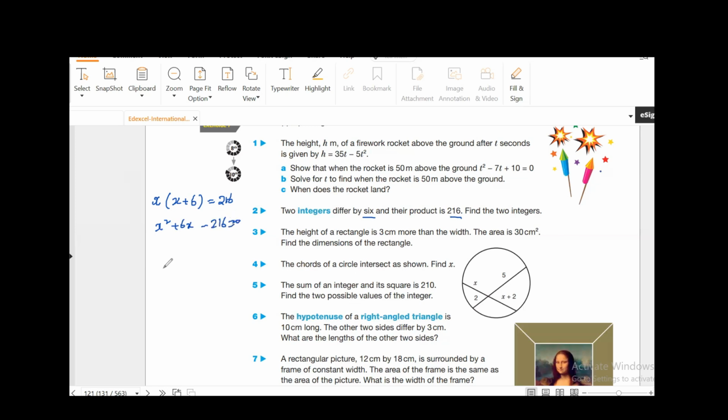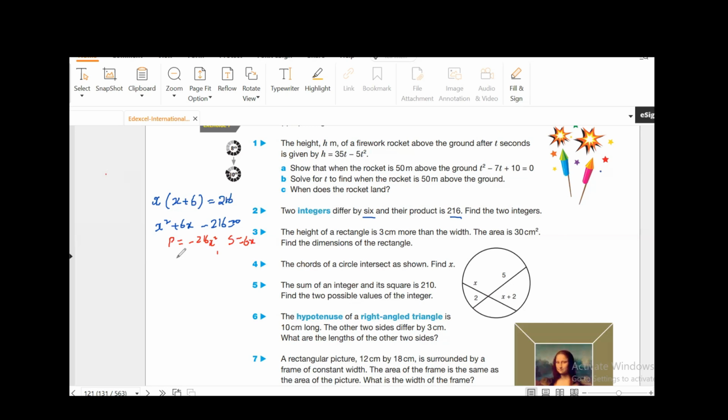Now we will think about sum and product again, or the quadratic formula. If you think about 12 and 18, that will work for us. Our product is negative 216x squared and the sum equals 6x.